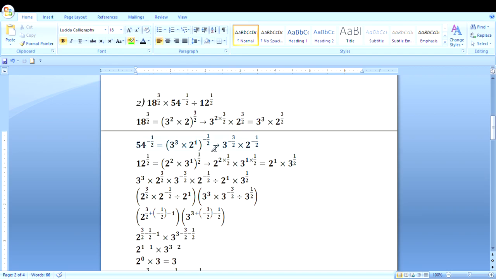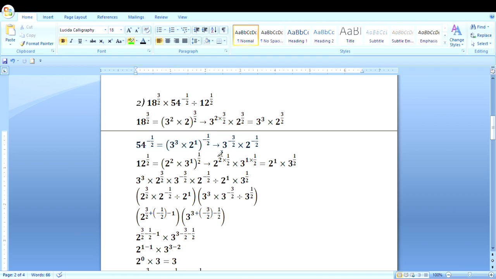Now let's look for an expression for 54 raised to power minus half. For instance, 54 can also be expressed as 27 times 2, and 27 on its own can be expressed as 3 raised to power 3. So this becomes 3 raised to power 3 times 2 raised to power 1, all raised to power minus half.